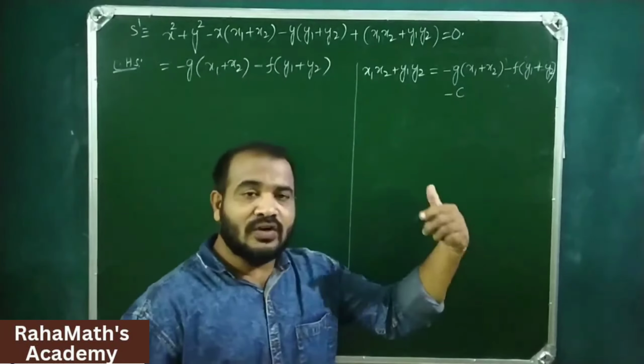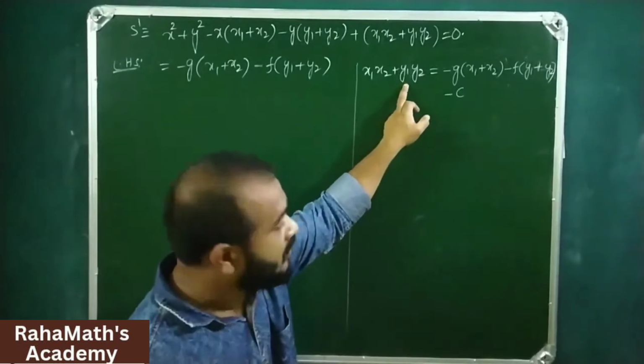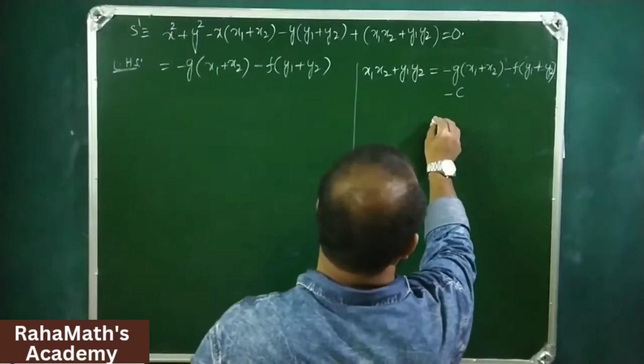Earlier, since S12 equals 0, x1 x2 plus y1 y2 equals, taking all the terms to that side, minus g into (x1 plus x2) minus f into (y1 plus y2) minus c. From this, what is the value of c?